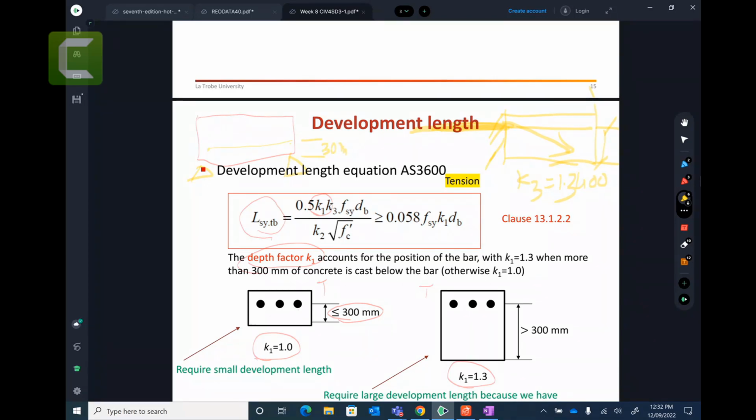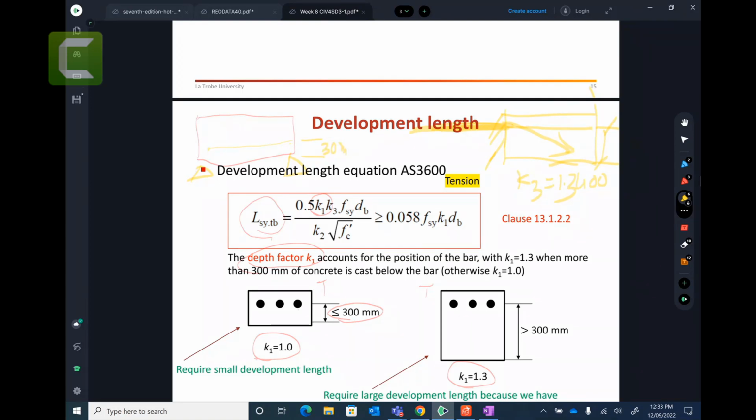OK, I hope you understand K1. Very simple. You have two options. You can take 1, with no effect on the development length, or you can increase the development length by 30%. It is a penalty, by the way. When your tensile Rio is sitting on the top of your beam with a massive concrete sitting underneath, then K1 equals 1.3.